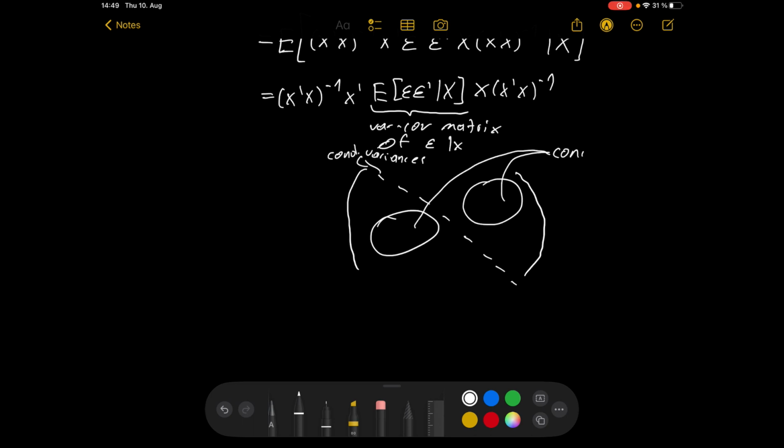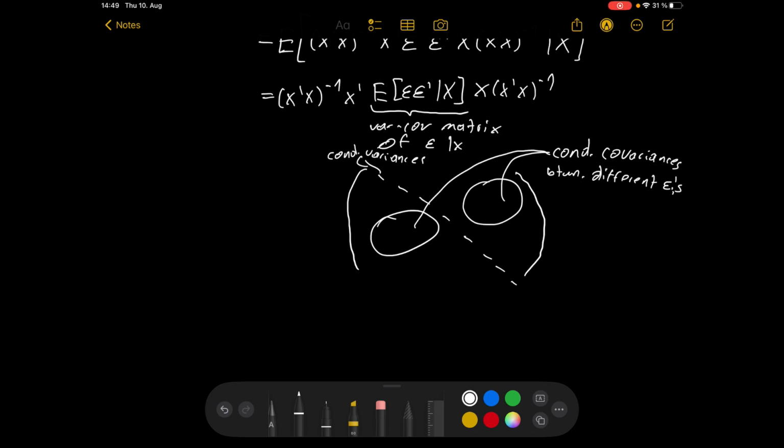These are the conditional covariances between different epsilon i's. So essentially, those capture whether errors are correlated. One case that you often find where errors are correlated is if you observe the same person over time, then probably the errors will be correlated over time for that person. So that's the case you encounter in panel data or in time series data.